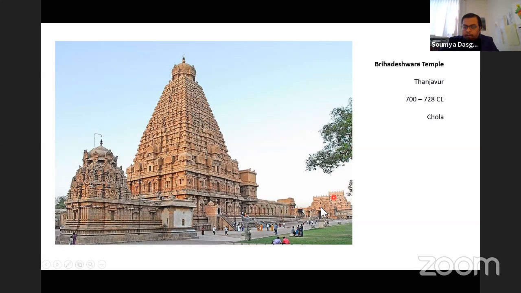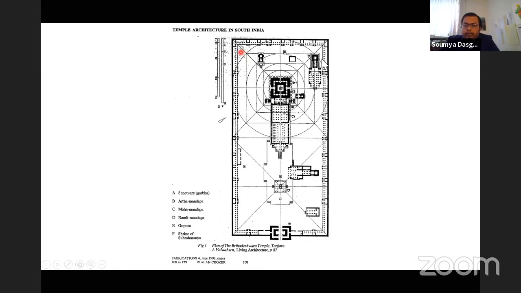Also identify them with these punctures in the facade. When you see a more circular or octagonal or squarish kind of top, those are the main shikharas, because we will see examples later in the Dravida style of temples that the gopuram becomes much higher than the vimanas.